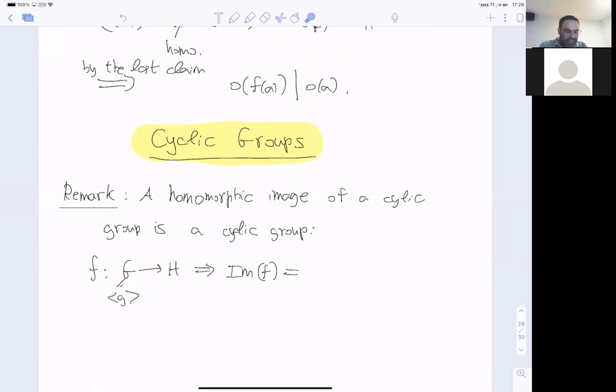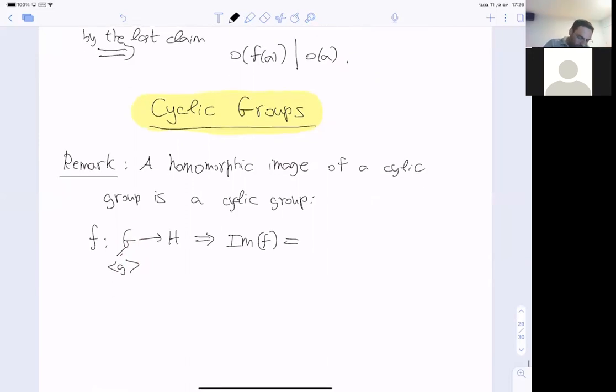I mean, it's a homomorphism. The F of G^k, of course, is F(G)^k. Okay, it's a homomorphism. So the image of A is generated by the image of the generator. So it's cyclic.